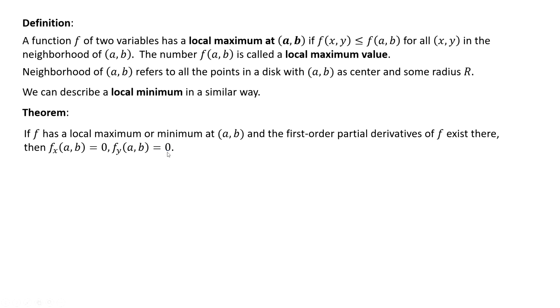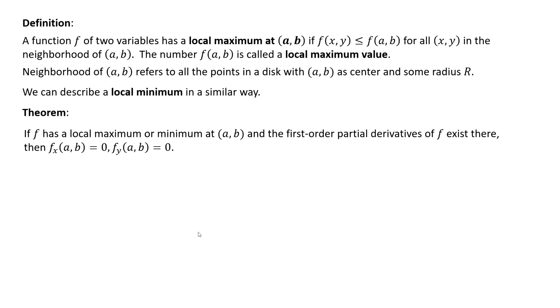Cool. Theorem. This is an interesting one. If f has a local maximum or minimum at (a, b) and the first order partial derivatives of f exist there, then f sub x of (a, b) is equal to 0, and f sub y of (a, b) equals 0. What does that mean?